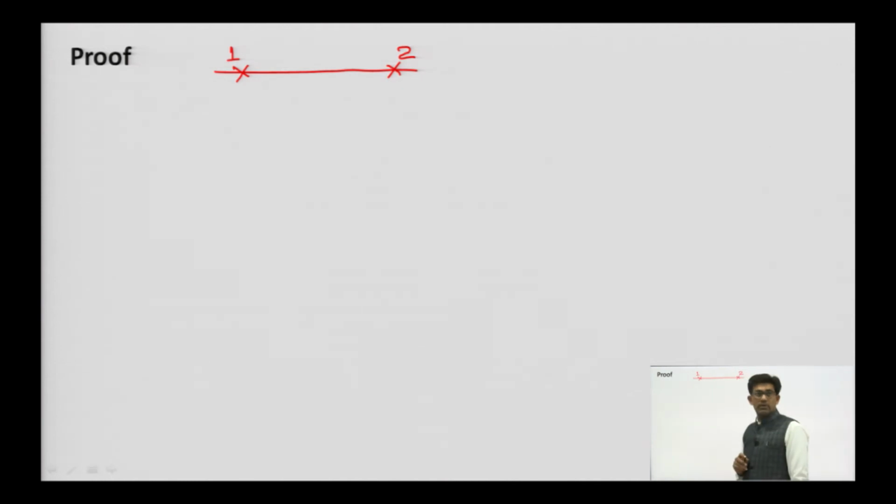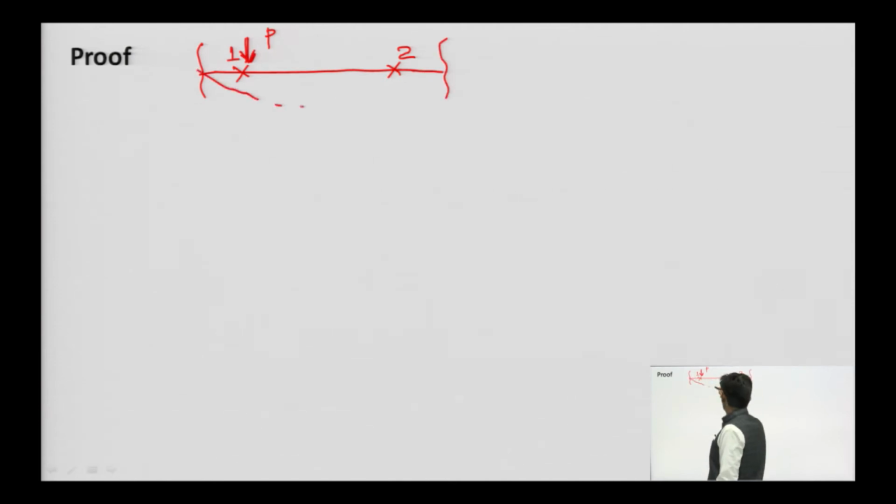Apply force at joint 1, say it is P. This is part of the structure. Say here the displacement is del 1 and here the displacement is del 2.